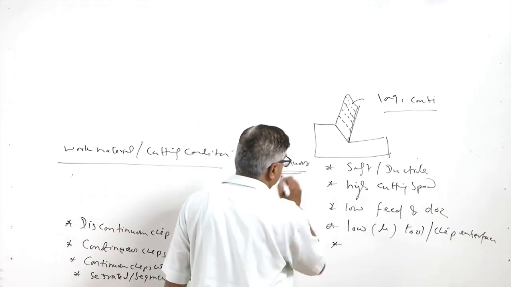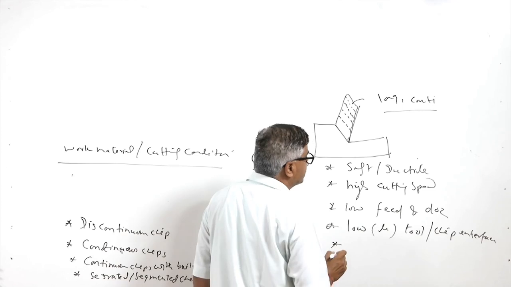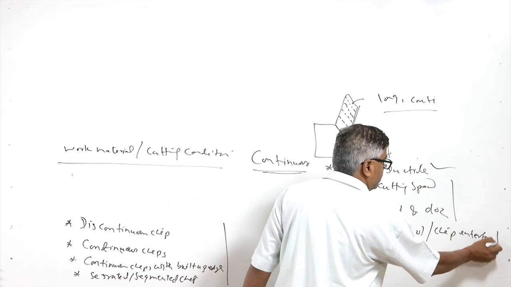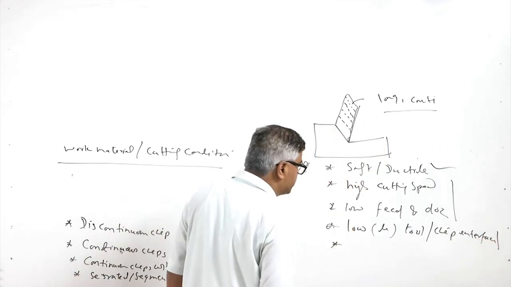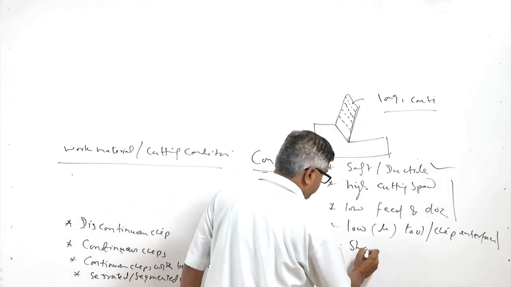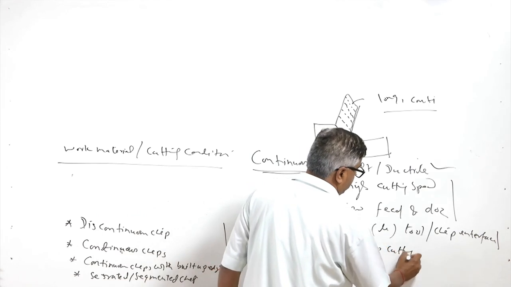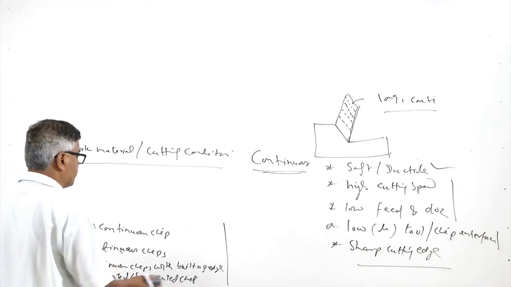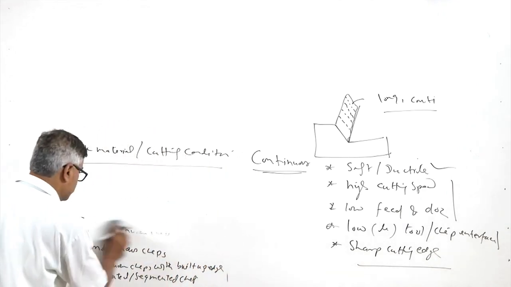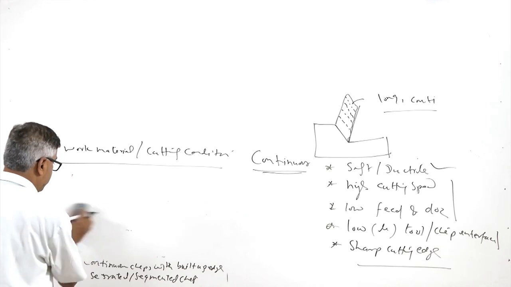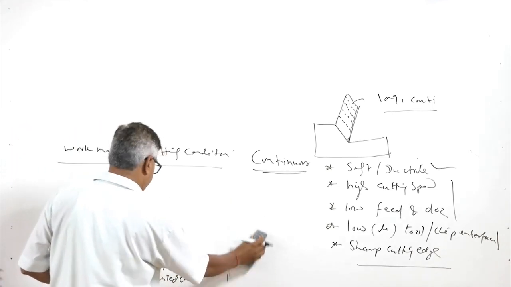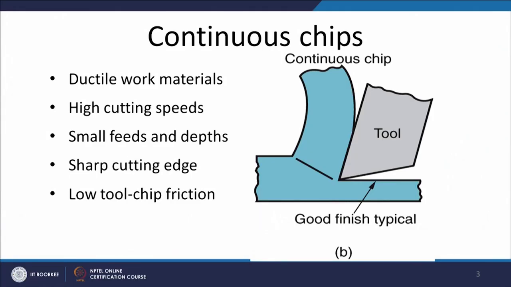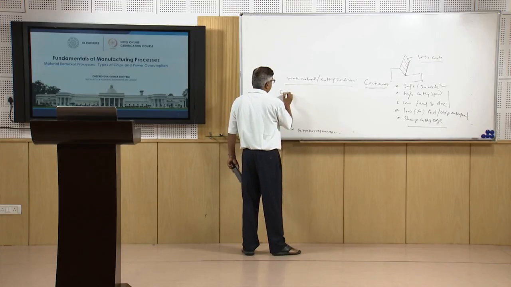Apart from these factors related to the cutting parameters, work material and the frictional aspect between the tool and chip, a sharp cutting edge also favors the formation of continuous chips. So, these are the two types of chips and the conditions under which they are formed. Then we will see the continuous chips with the built up edge.